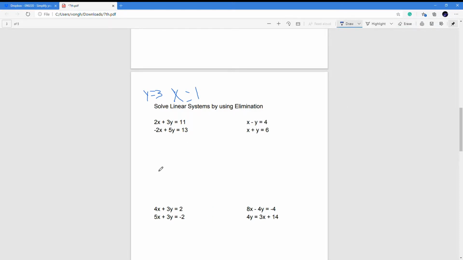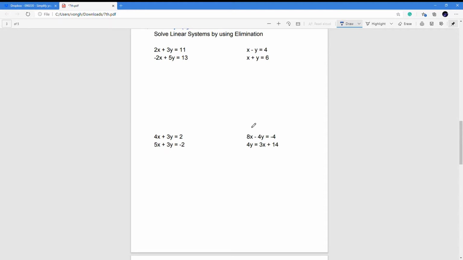But not all problems will give you a perfect cancellation like negative y plus positive y. So let's use this problem as an example. You're given 8x minus 4y equals negative 4, and 4y equals 3x plus 14.